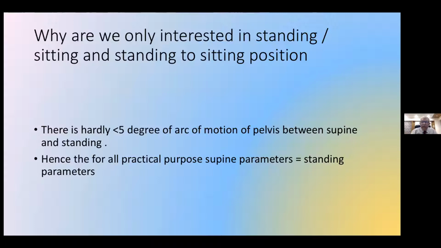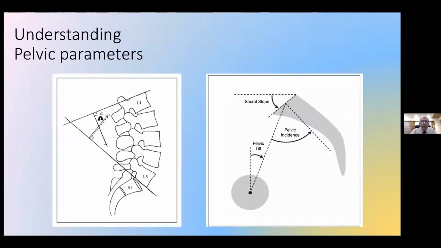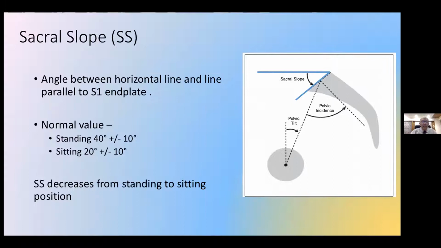So we take x-rays like this and measure the various parameters suggested in these slides, like sacral slope, pelvic tilt, pelvic incidence, lumbar lordosis. I don't want to go into too much detail, but these are very simple measurements which you can take on these x-rays. And by taking the values, you can understand that the sacral slope decreases from standing to sitting position.